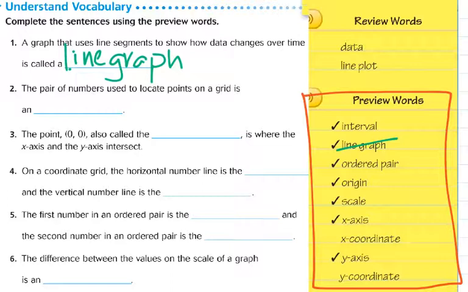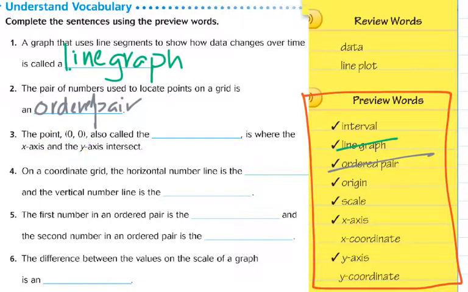2. The pair of numbers used to locate points on a grid is an ordered pair. 3.